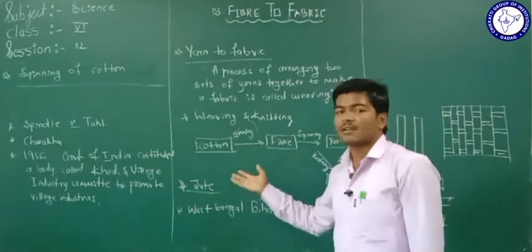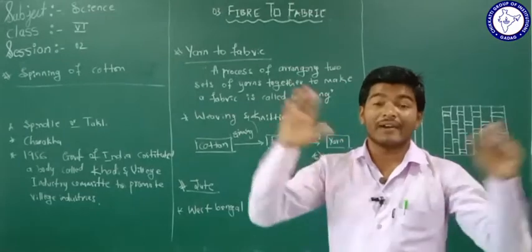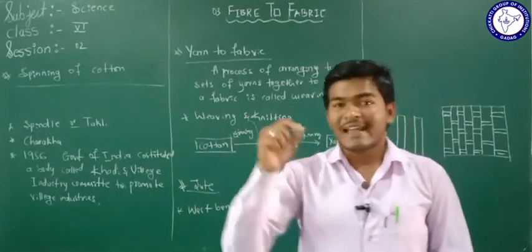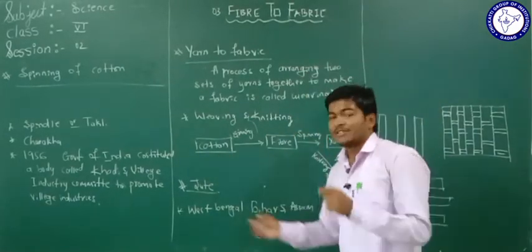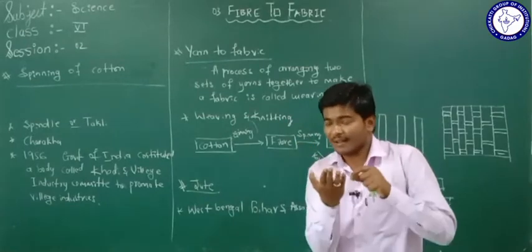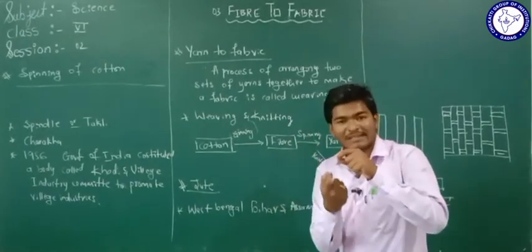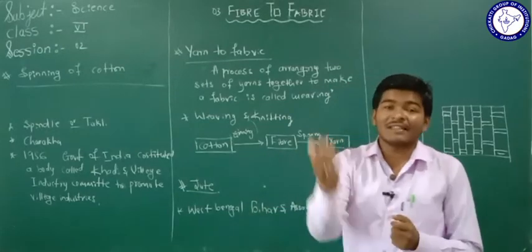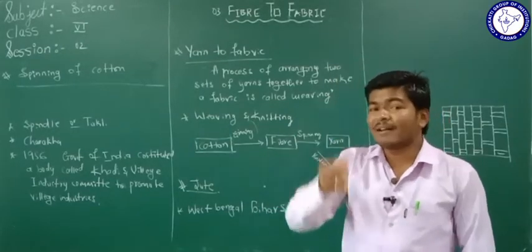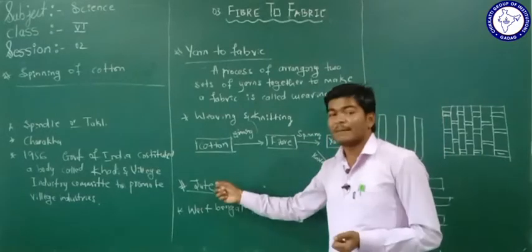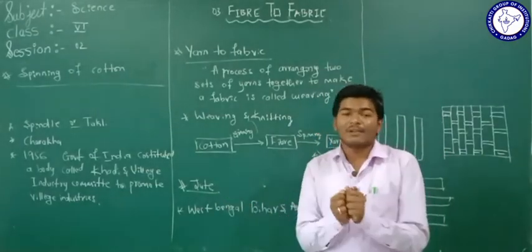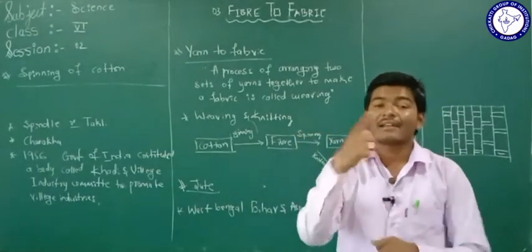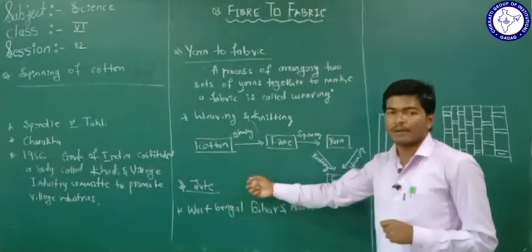Afterwards, the jute stem is rotted, and after the rotting, some fiber-like structures come from the stem of the jute plant. They are separated by hand and converted into jute fiber, isn't it?